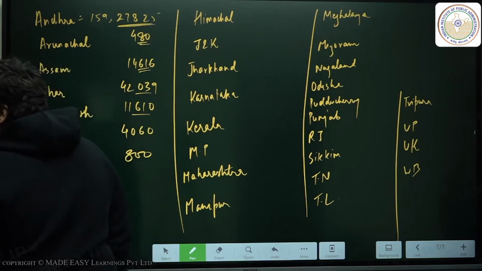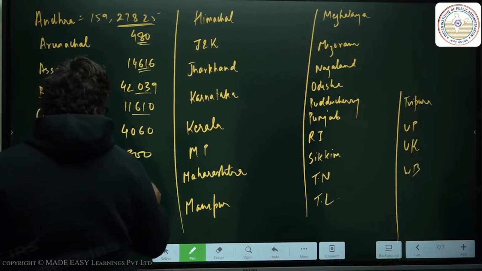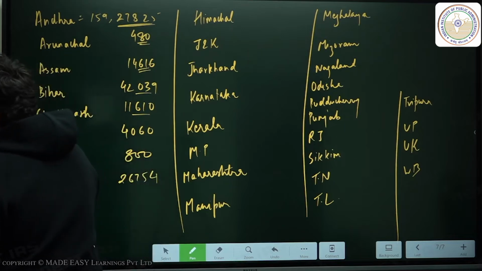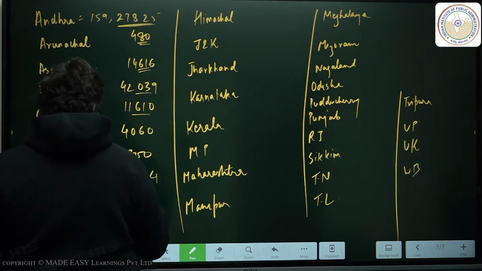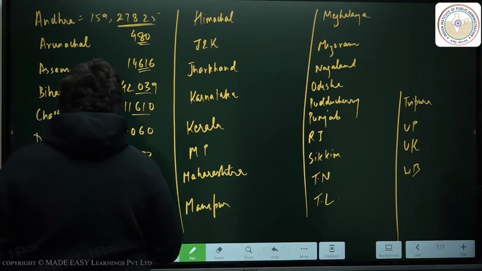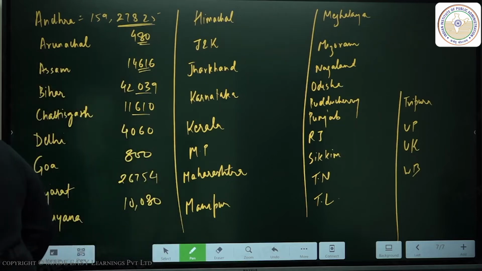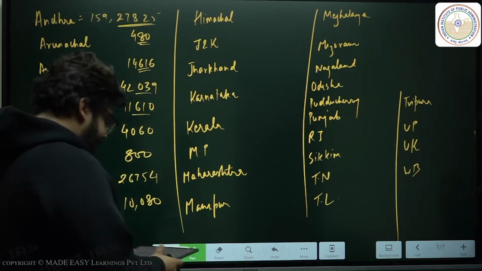Gujarat will give you 26,754. Haryana will give you 10,080 votes.